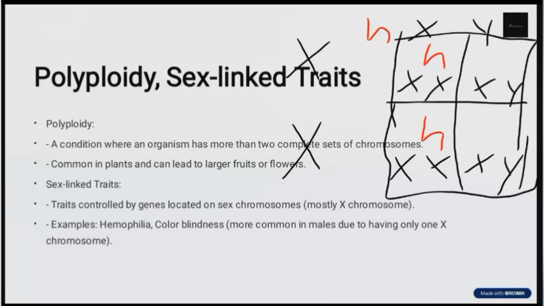Okay, I'm going to give us the last question for today. A woman is normal for the condition color blindness, and this woman marries a man that has color blindness. What are the chances of giving birth to one, female carriers, and two, male carriers?